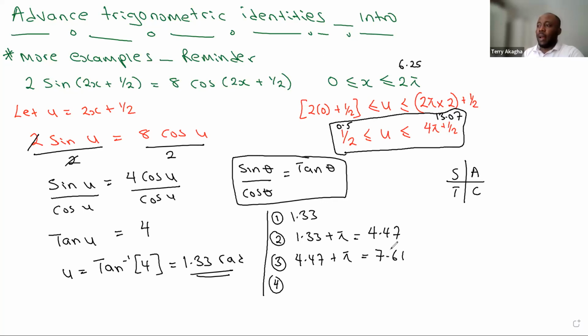Now we have 7.61 and it's still less than 13.07. So we add another pi to 7.61, and when you add that, it should give you around 10.75.